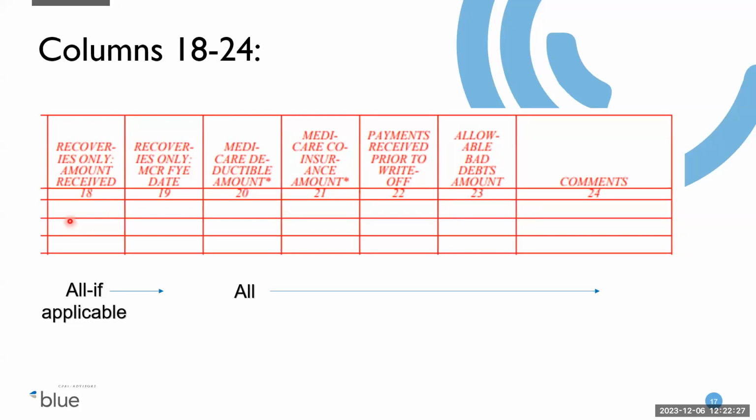Let's say you received a $10 payment on an account you claimed as Medicare bad debt in 2020. You're going to put minus $10 right here in 18, and you're going to put 2020 in 19. So you're saying how much you recovered and what year you originally claimed it in.